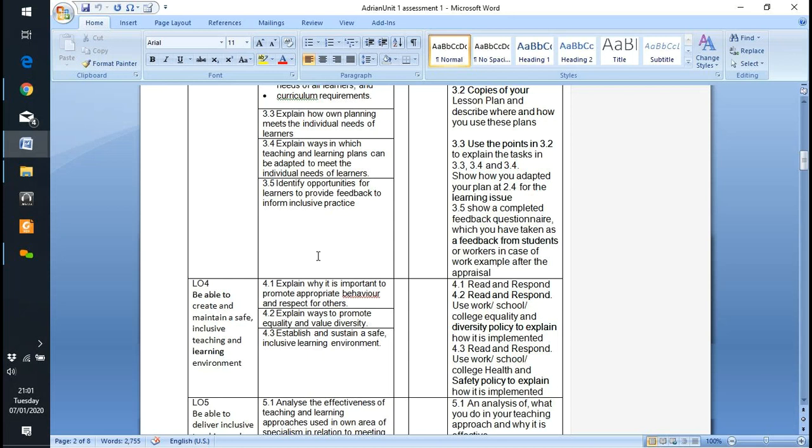But from 10 onwards, written or recorded feedback is good, because you get some nonsense in there as well, but you'll be able to glean the bits of information that you need with regard to your performance on the lesson.